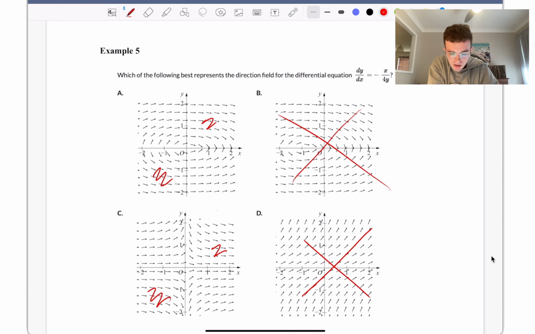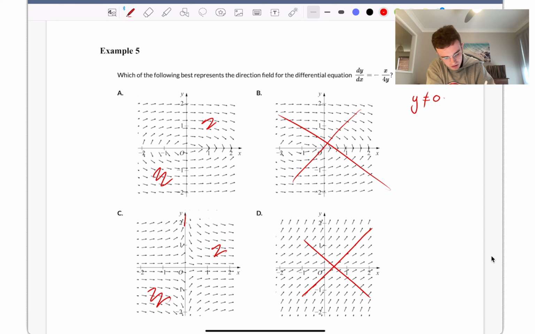Well, we notice that we've got minus x on 4y, and we're not allowed to divide by 0, which means y cannot equal 0. And we've stated previously in this video, whenever we have asymptotes in our equation, which is when we're dividing by 0, we have vertical lines.